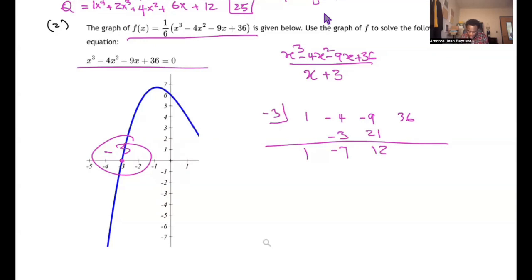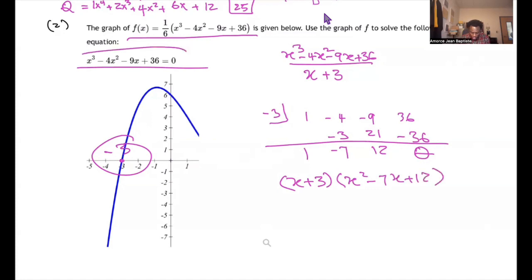That is -36, 0. So that means you're going to have x plus 3, that is a factor because the remainder is 0, times this polynomial, that's degree 3 minus 1, a polynomial of degree 2. So x squared minus 7x plus 12.